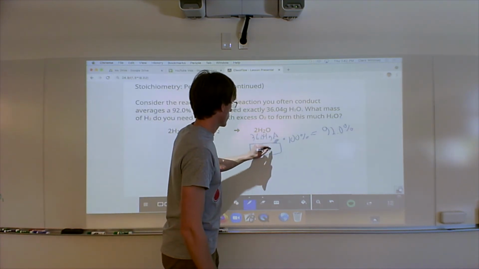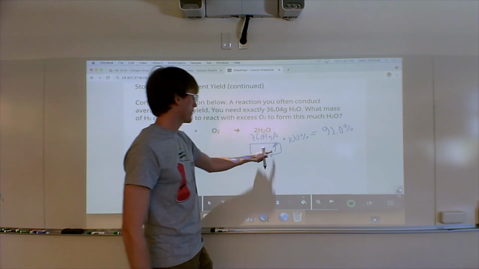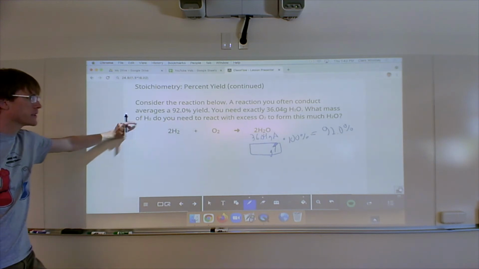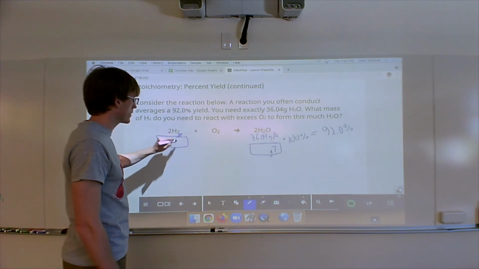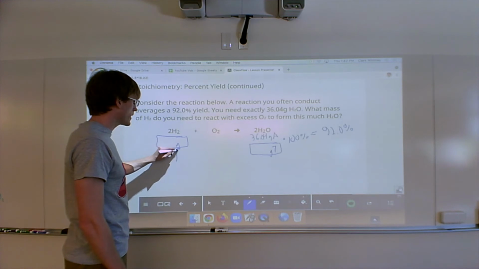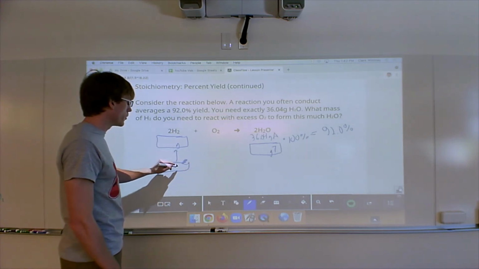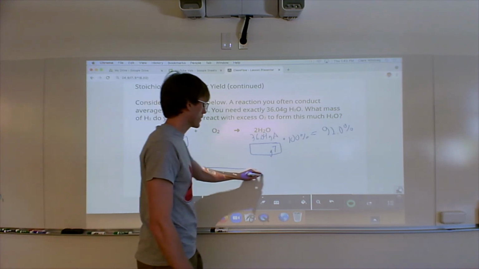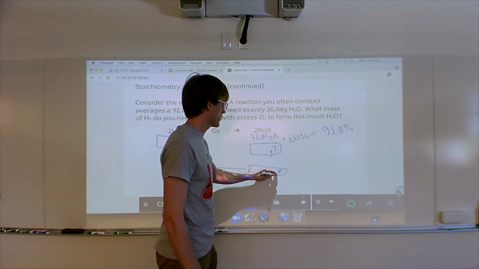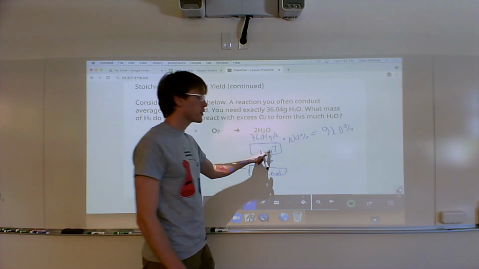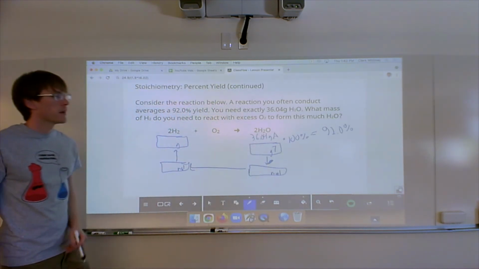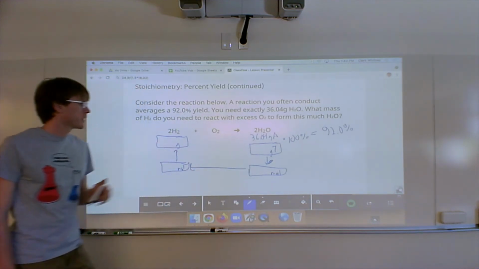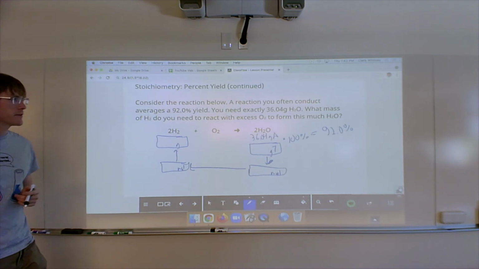And ultimately, we're trying to get back to the mass of H2. So I need to get back here, which means I need the moles of H2, which means I need moles of H2O, and I need the grams of theoretical yield that would get me ultimately back to this mass of hydrogen.